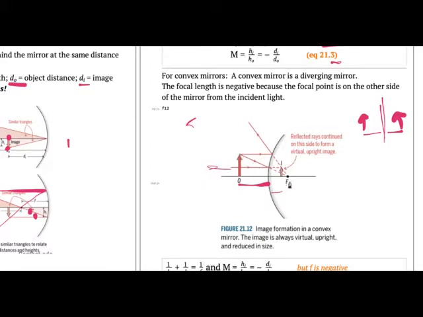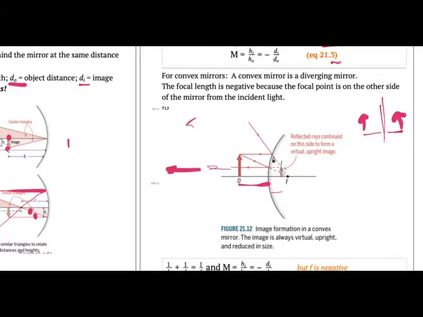Okay, now here you see the image is upright because the light coming from the hat, the top of the arrow, is coming off in this direction.